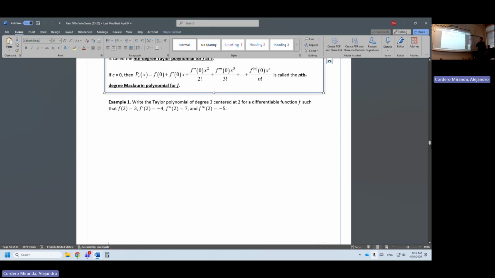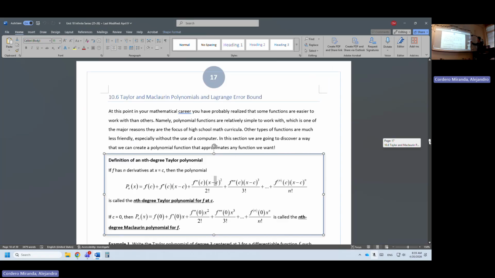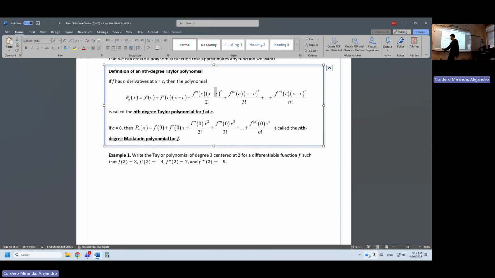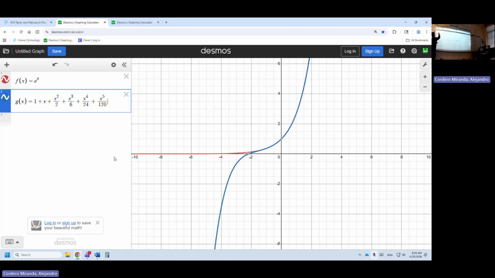Okay. It says write the Taylor polynomial of degree 3 centered at 2 for the differentiable function f such that stuff happens. So first of all, I forgot to say that this idea of approximating a function using a polynomial, that's called a Taylor polynomial.